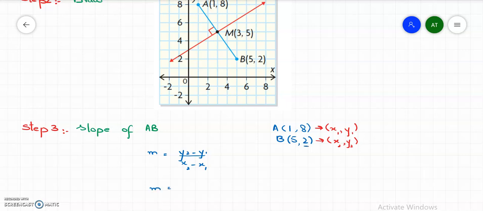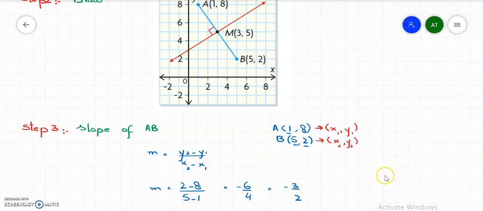The y2 is 2 and the y1 is 8. So we have 2 minus 8 over x2 minus x1. x2 is 5 and x1 is 1. So we have 5 minus 1. So 2 minus 8 is negative 6 over 5 minus 1, which is 4, and the fraction in lowest form would be negative 3 divided by 2.